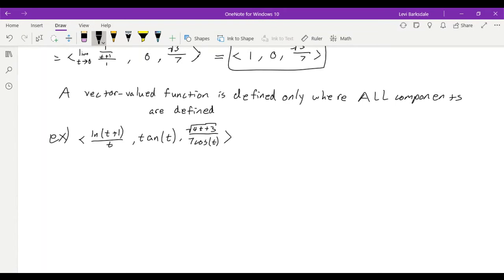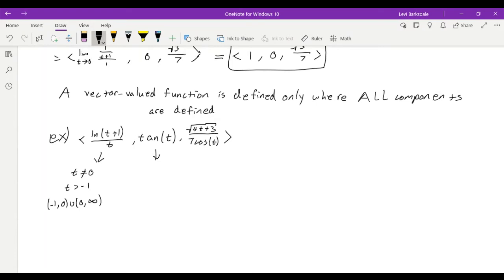For this first component, well, we know that we can't divide by 0, so we know that t is not equal to 0, and also natural log has to take in a positive number. So t is also bigger than -1, and that gives us, for our very first component, the interval -1 to 0 combined with the interval from 0 to infinity.